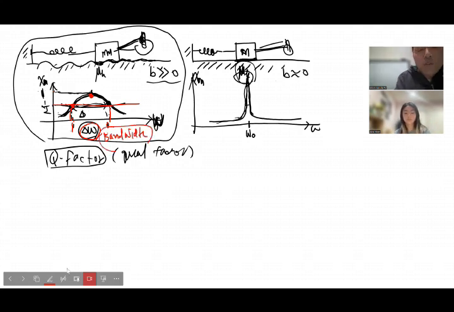So for the large viscosity or large damping term, there is a broad bandwidth, and this one, with a small damping term or small frictional coefficient, has a very narrow bandwidth.